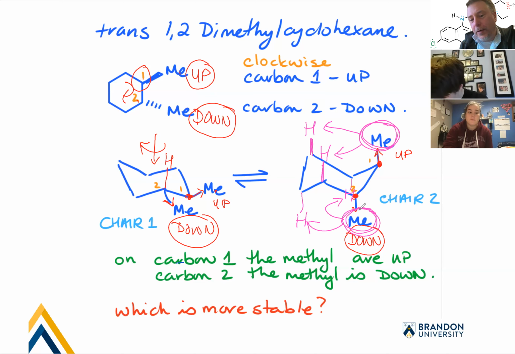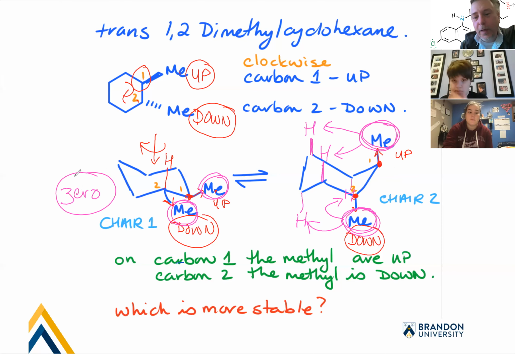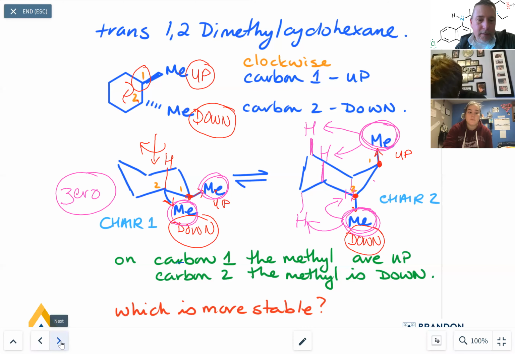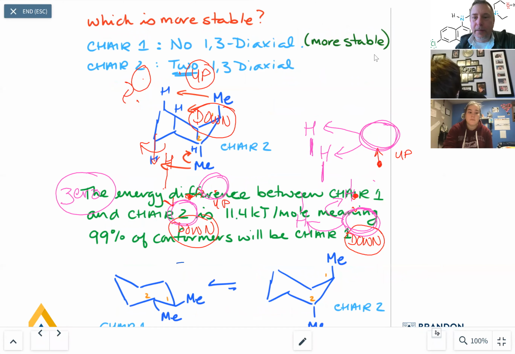So this conformer on the right-hand side has got two sets of 1,3 diaxial interactions. The conformer on the left has got none because both of our methyl groups are equatorial. So there's 0. And over here, there's two sets. So the chair on the right is going to be far less stable because of these interactions, which is probably exactly what I put on the next slide. I better erase all this mess.